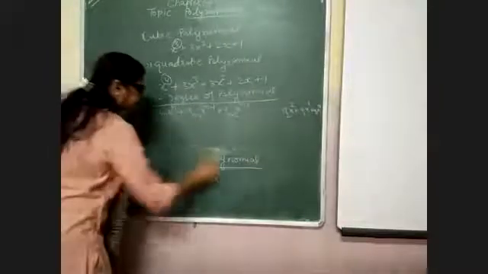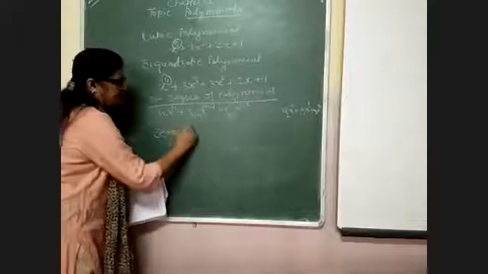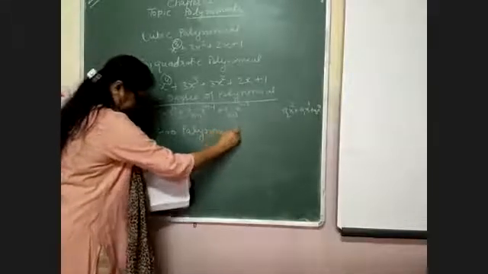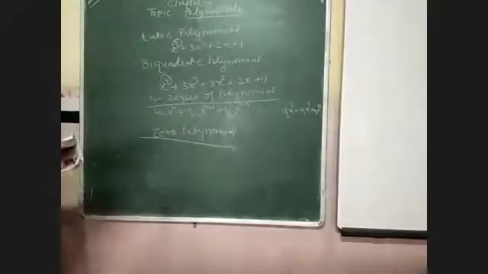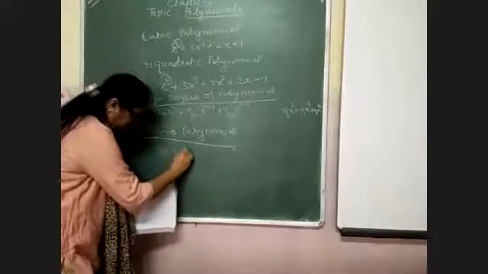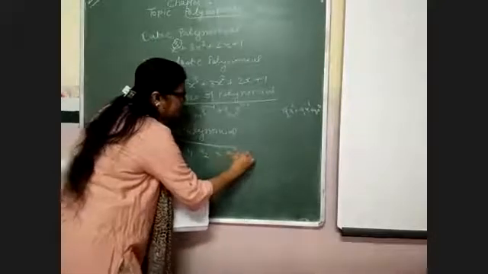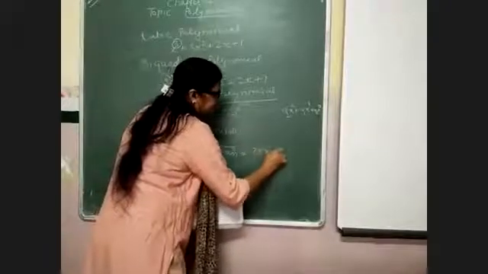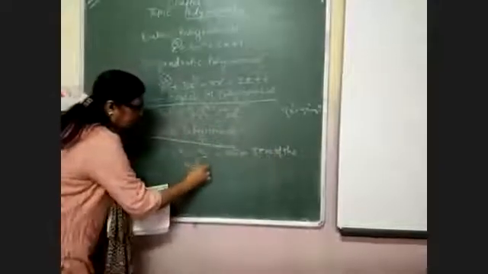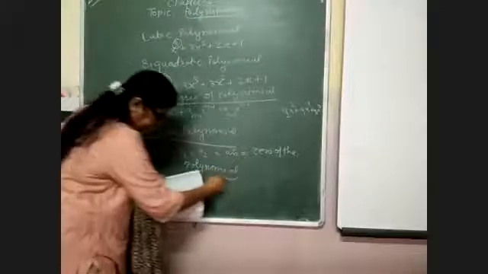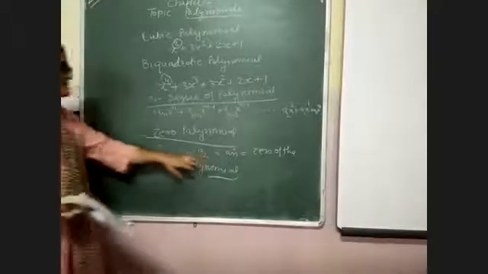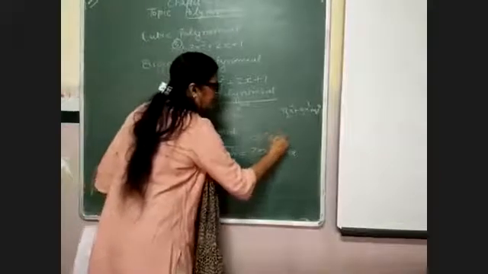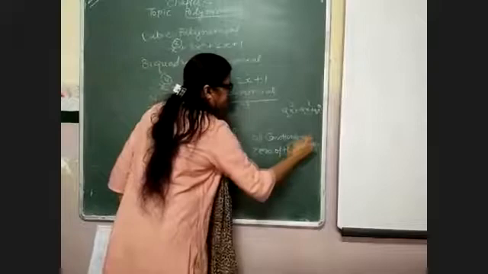And the last is the zero polynomial. Where a_0 equal to a_1 equal to a_2 equal to a_n, all are 0, all constants are 0, it is called the zero polynomial.